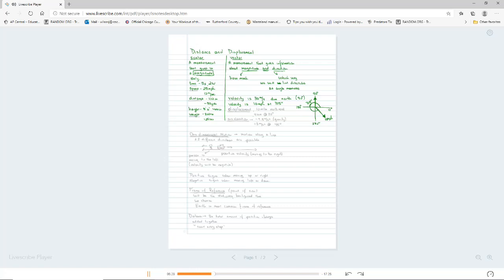So velocity is a vector, displacement will be a vector, so we could say 10 miles northeast if we were doing cardinal directions, or you could say something like 5 kilometers at 20 degrees. Those would be displacements.